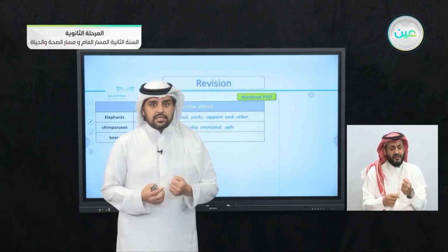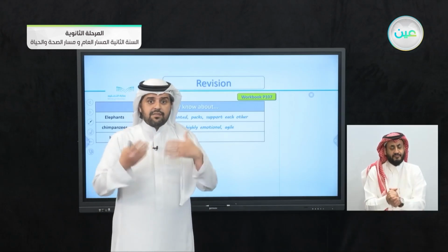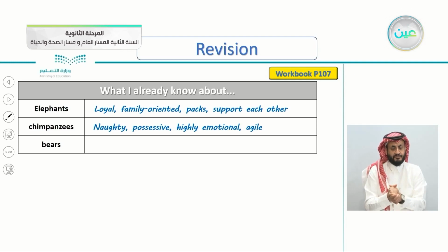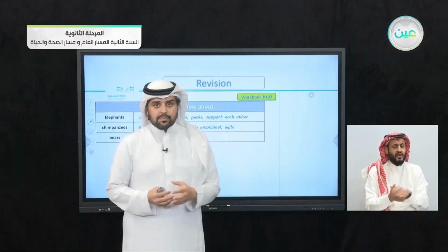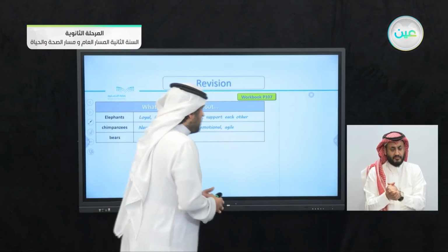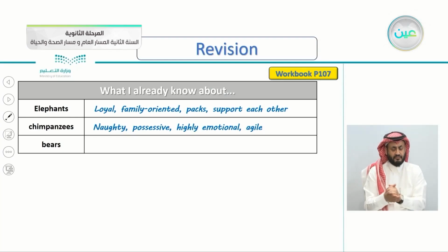They want things. They want you to give them things. They are very possessive, highly emotional and agile. So agile means that they move all the time. Chimpanzees move all the time. They are very agile.